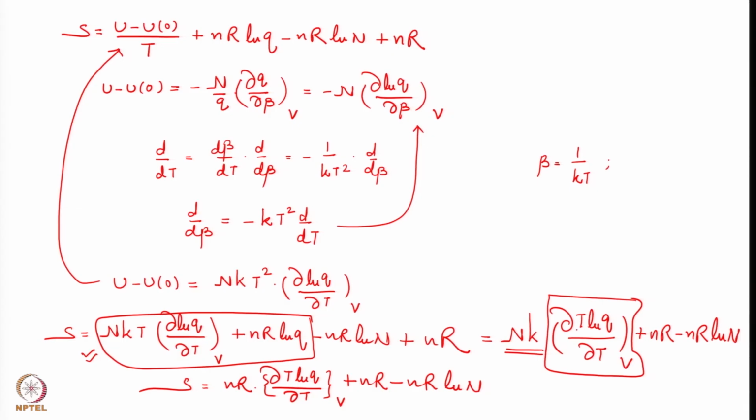For example, when you act upon T log Q by ∂/∂T, then it is derivative of A into B. So, T into ∂ log Q by ∂T at constant volume, this first term, then plus log Q, this term. nR is anyway common. Let us write this expression on the next page for further solving.